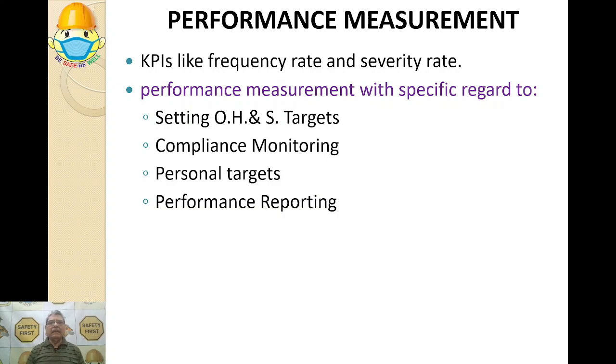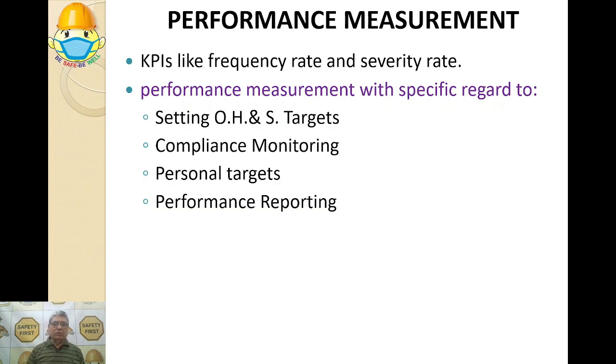Now KPIs, like frequency rate, severity rate and safety rate. Many KPIs are there for the performance measurement of industrial safety and occupational health. Performance measurement, with specific regard to setting OH&S targets, compliance monitoring, personal targets, and performance reporting.